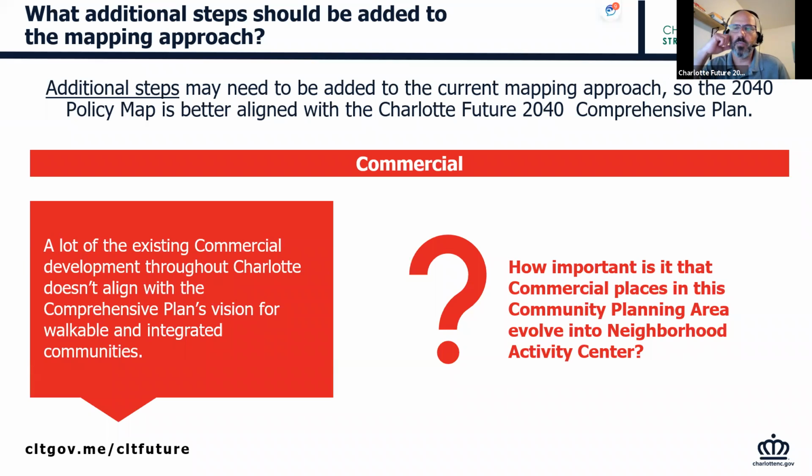And finally, let's look at what we've heard about the commercial place type. We've heard from some of our planning colleagues that a lot of the existing commercial development throughout Charlotte doesn't really align with the comprehensive plan vision for a walkable and integrated community. So how important is it that commercial places in this community planning area evolve into neighborhood activity centers? The difference is that a neighborhood activity center is not just big box retail.